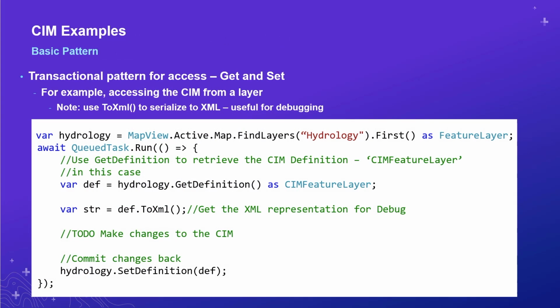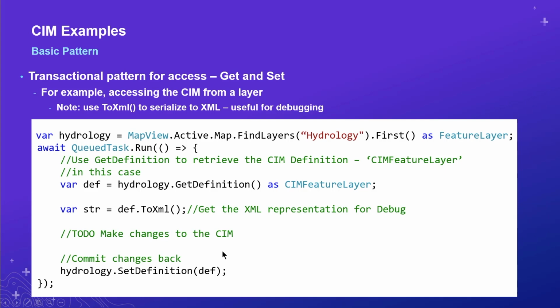So here in this slide is a basic pattern you would use to access the CIM. This is the transactional pattern. I'm first retrieving the hydrology layer from my map. Here I'm making the GetDefinition call within the QueuedTask, and then I make any changes that I need within this QueuedTask lambda.